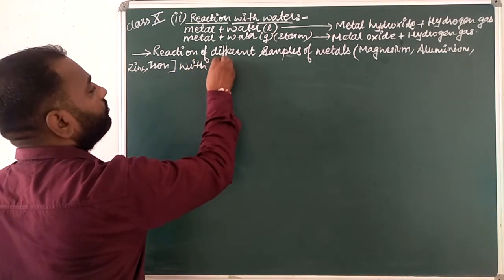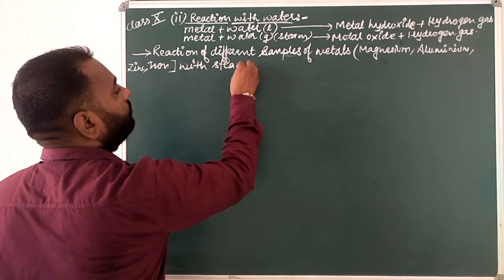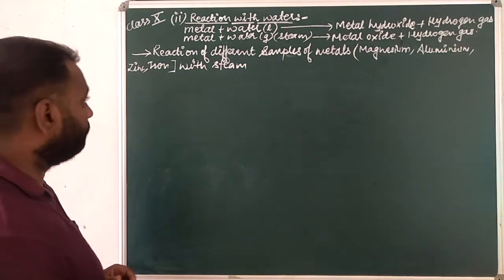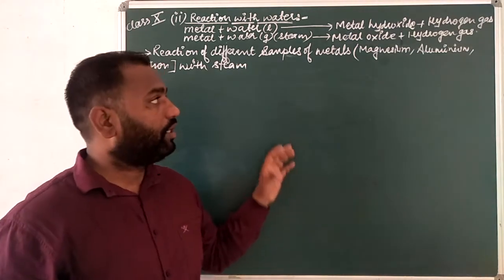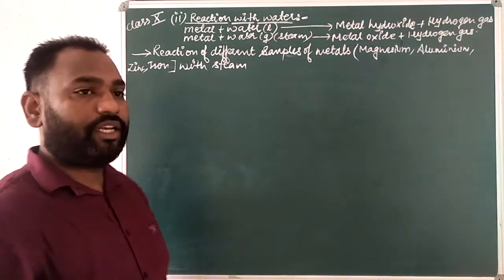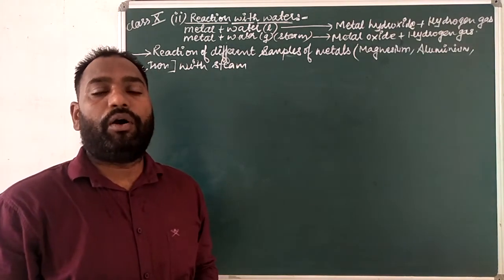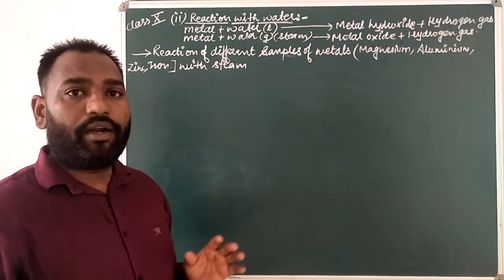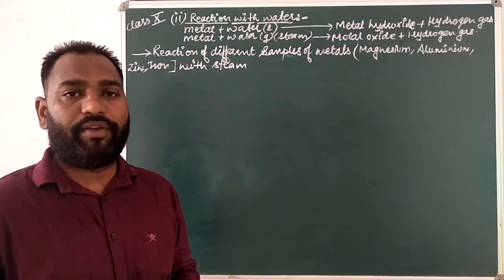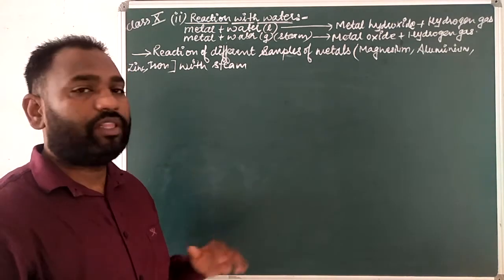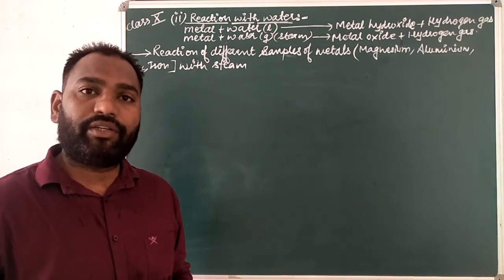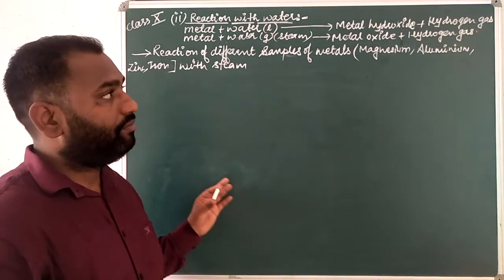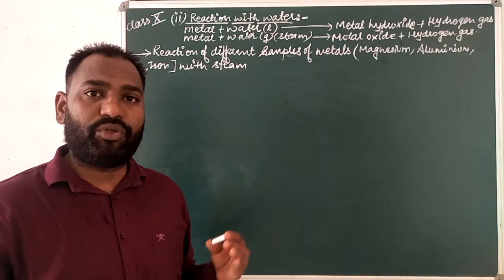With steam. So you know that magnesium, aluminum, zinc and iron will react with the steam in different ways. Different ways means sometimes the steam can react readily with the metals, and sometimes they take too much time to react.